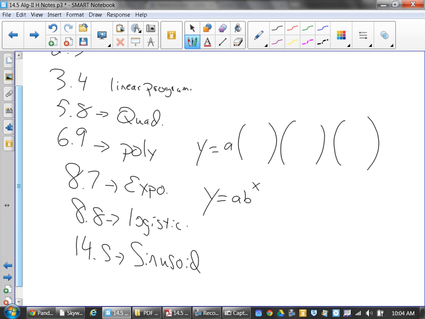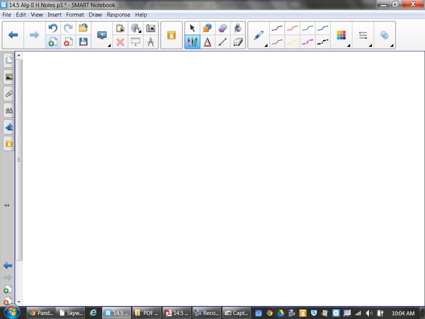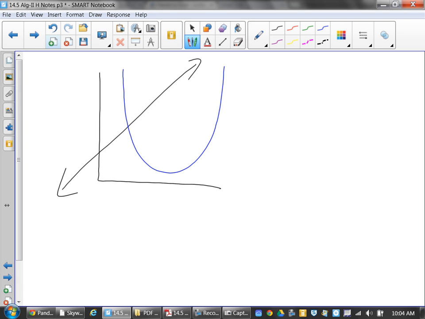Can you identify a graph? If you have a graph: linear, very good. Quadratic. Cubic. Logistic.